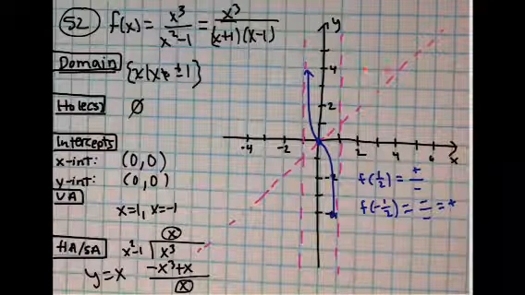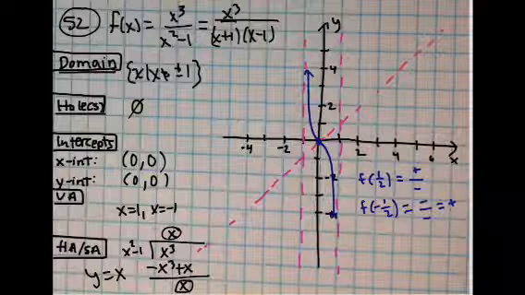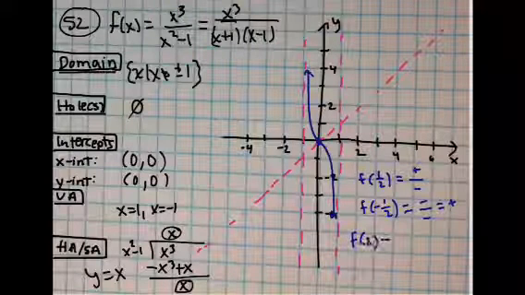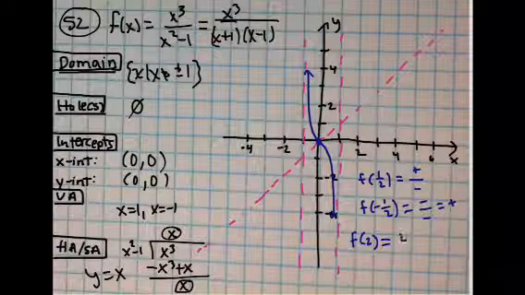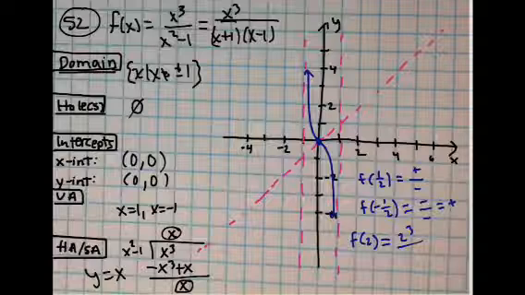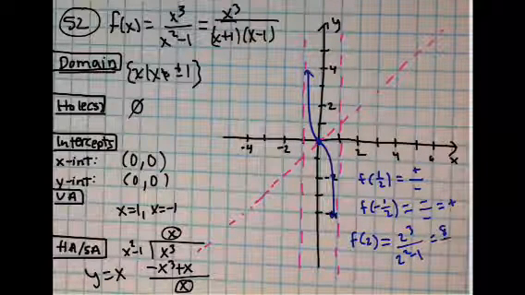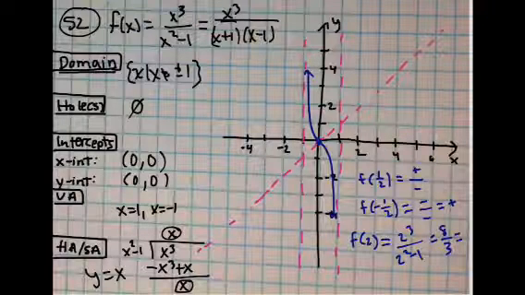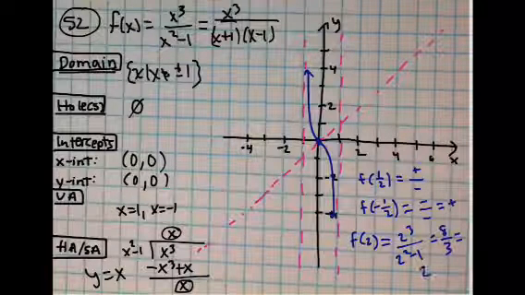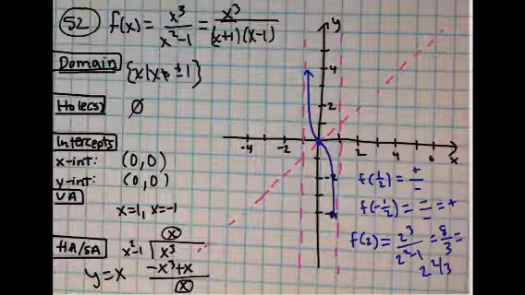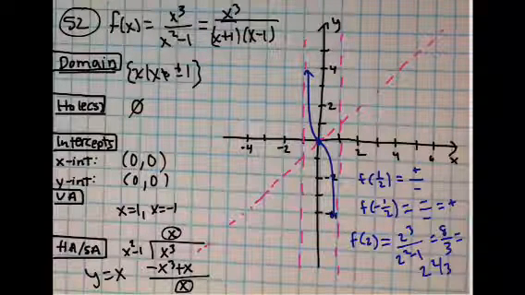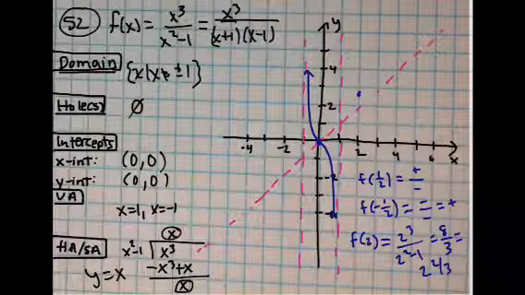So I'm going to try f of 2. I get 2 cubed over 2 squared minus 1, so that gives me 8 over 4 minus 1, which is 3, so that's 2 2/3. So 2 gives me 2 2/3. That's about here. Okay, and that's all we need to graph our curve.